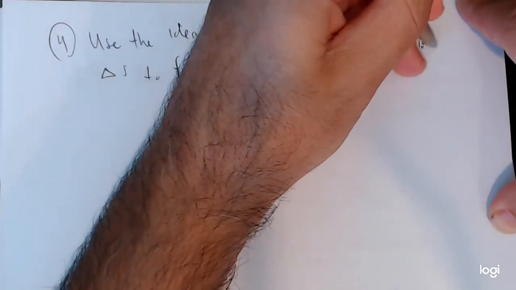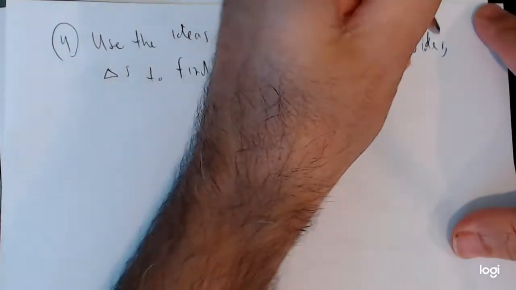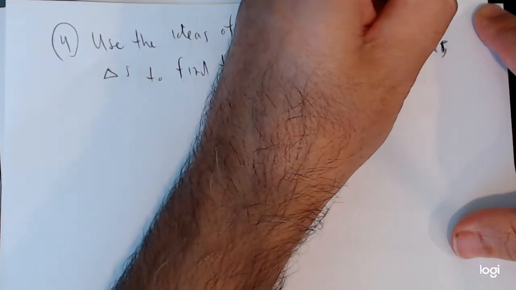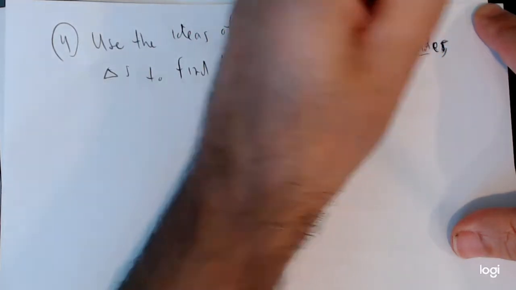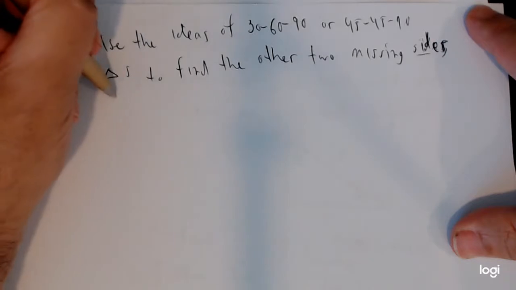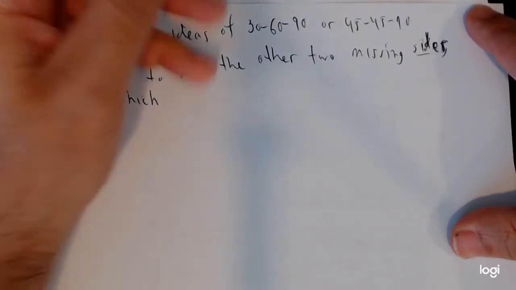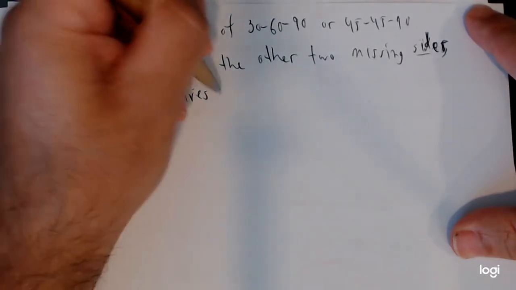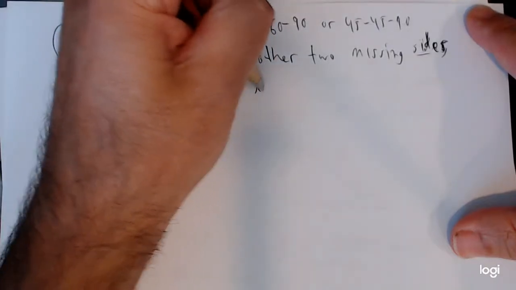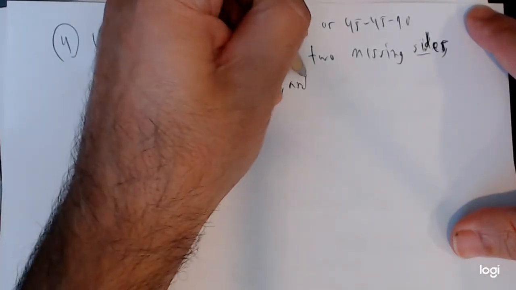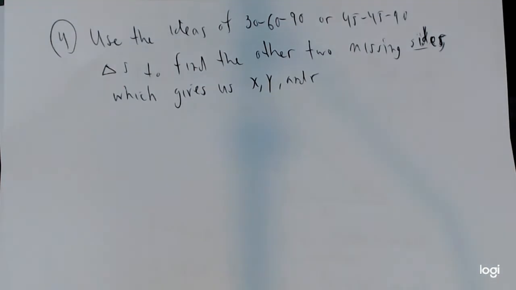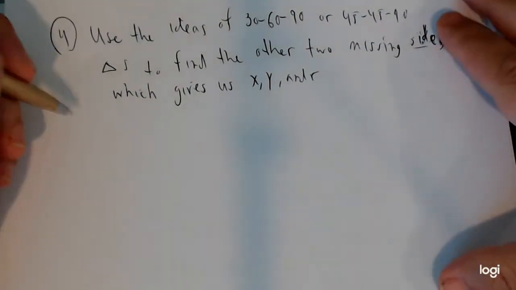When we find the missing sides, which gives us x, y, and r, once we have x, y, and r, then we can give the exact values of the trig function.